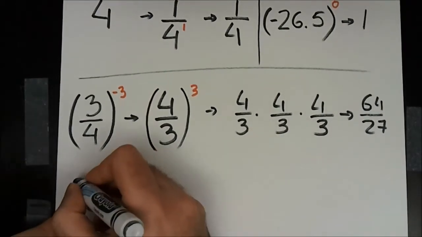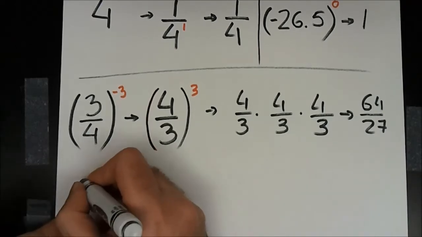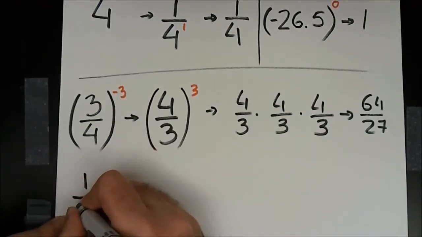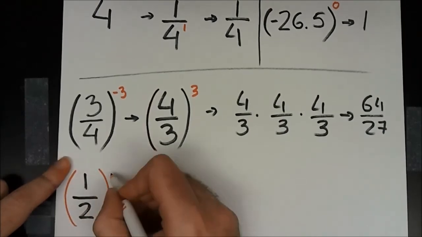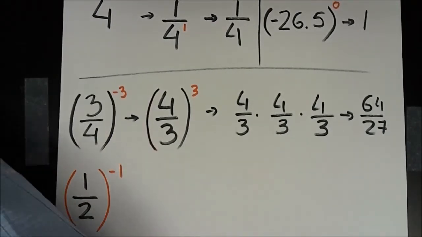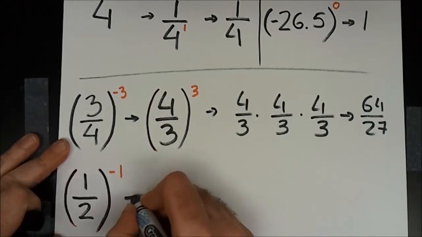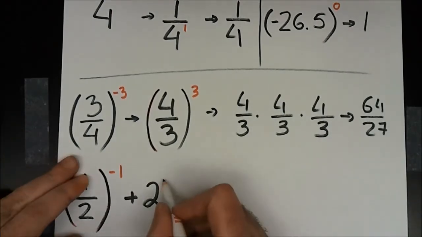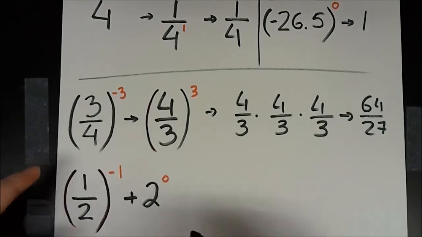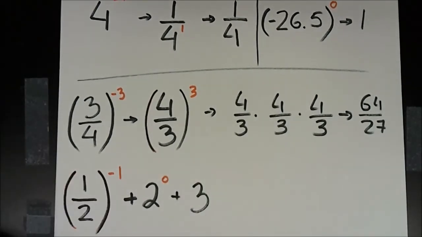What if I have 1/2 all taken to the negative first power, plus 2 taken to the 0 power, plus 3 taken to the negative second power. What's that going to look like?